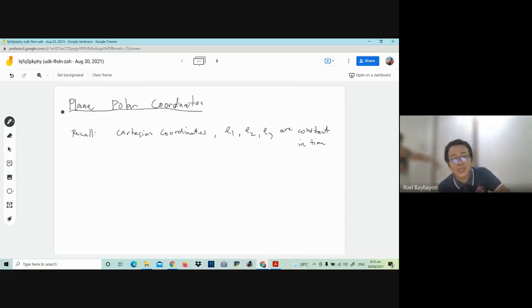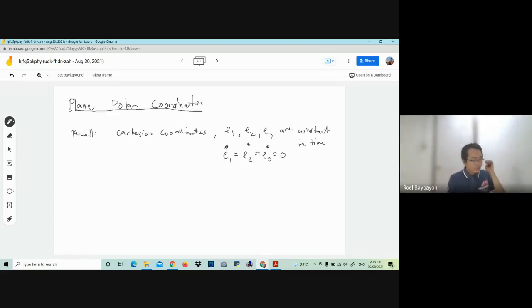That is why you get e1 dot, e2 dot, e3 dot equal to 0. So take note of that.